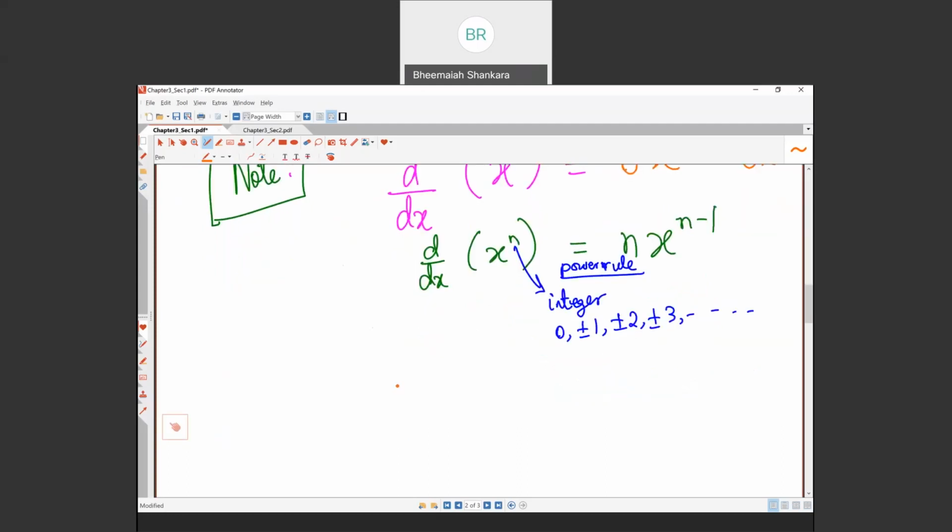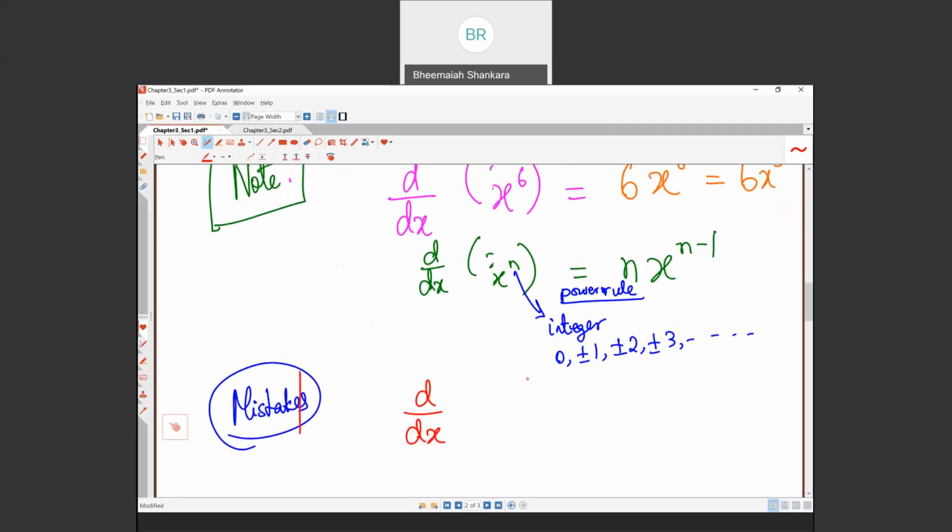Let me explain a common mistake which sometimes the students make on the exam, and I don't want you to make this type of mistake. So let me pick one common mistake. Suppose you want to derive, let me reverse the function.